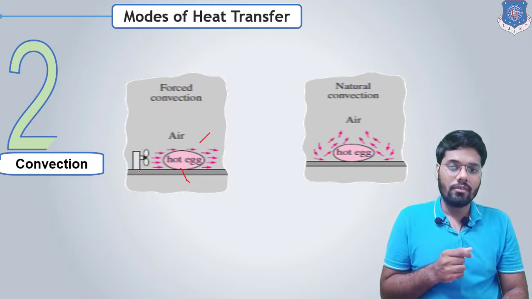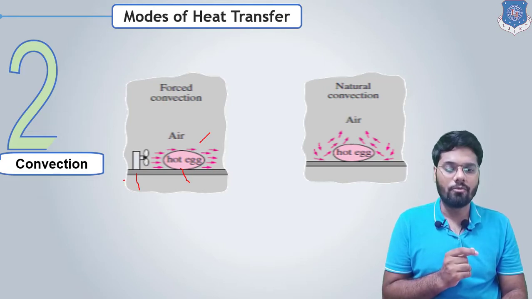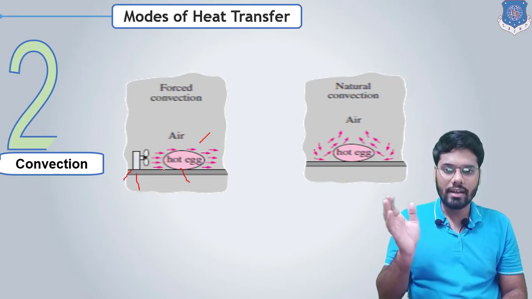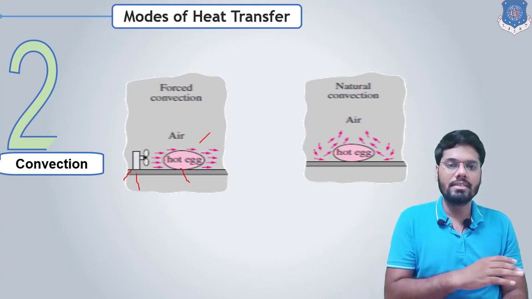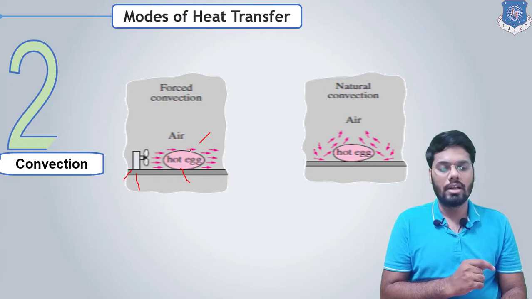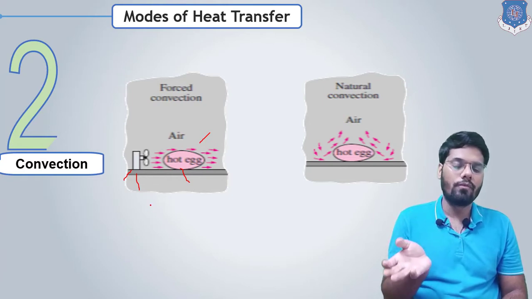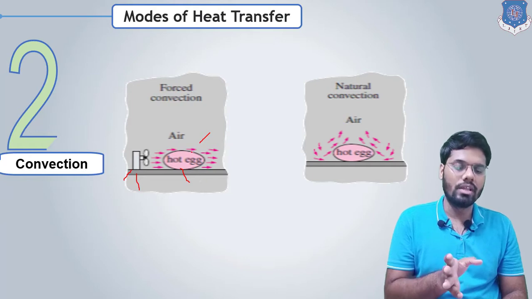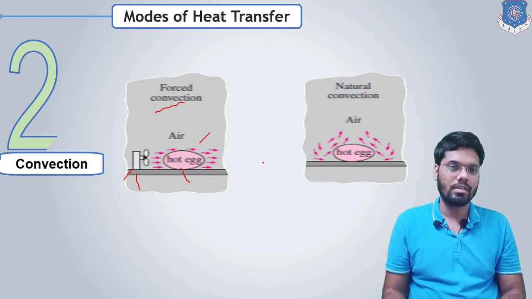And as we have provided an external source for the flow of air, here a fan, the next layer, which is beside the previous layer, replaces the layer which is around the hot egg. If you provide an external source for the flow of the fluid which is surrounding the solid boundary, then this mode of heat transfer is known as forced convection.